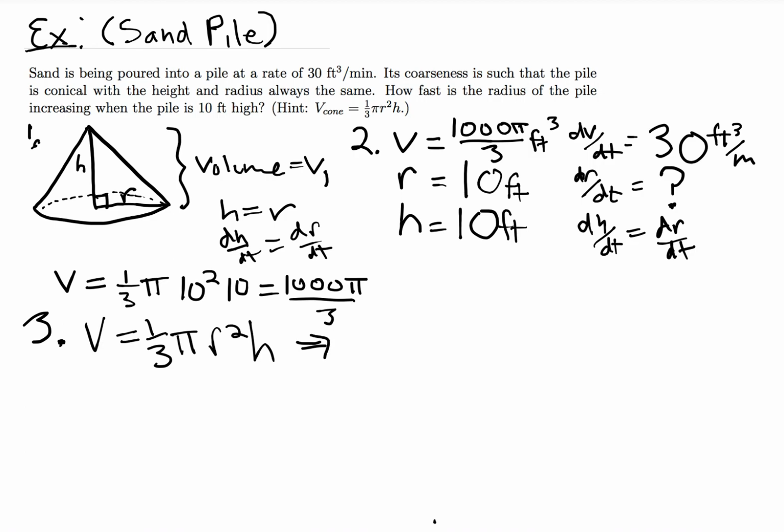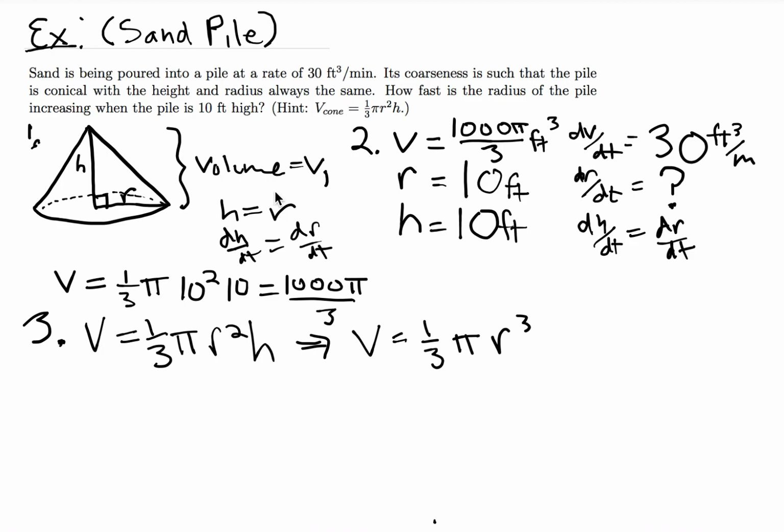If R and H are the same exact thing, we may as well think about my volume instead being given by 1/3 times pi times, well, substitute R in for H. You'll get 1/3 pi r cubed because, again, R and H are the same exact thing.